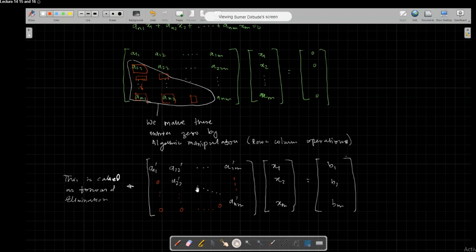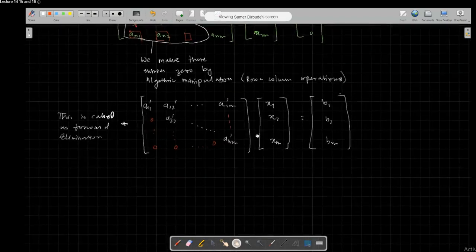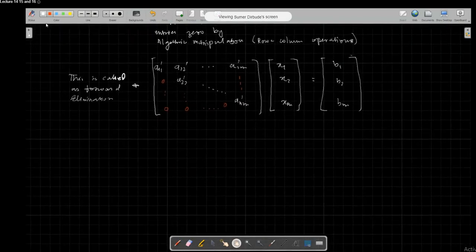Once you have done forward elimination, the next step is called backward substitution.